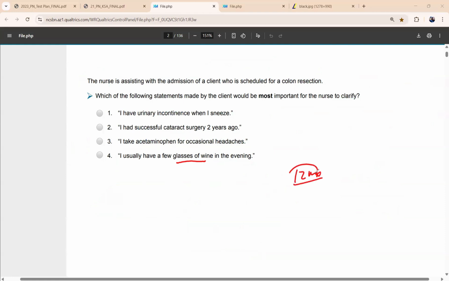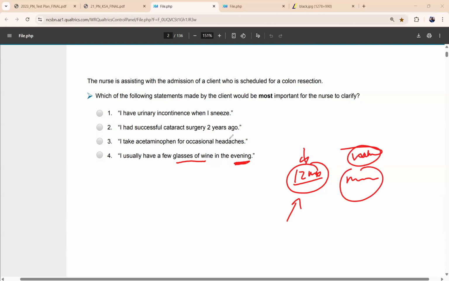NCLEX knows you might be thinking about that. But they are very smart. Instead of giving you a time that is after midnight, they put evening. So evening is before midnight. So all the thinking of maybe they have had something to drink in the morning or something like that has been ruled out.